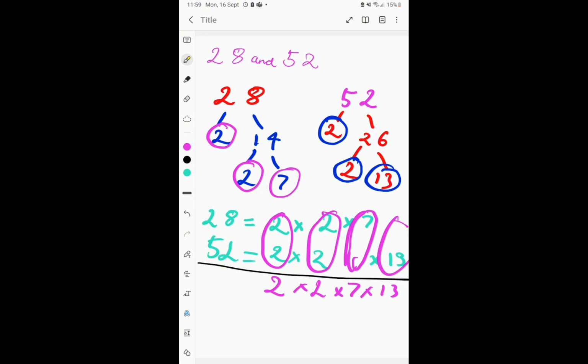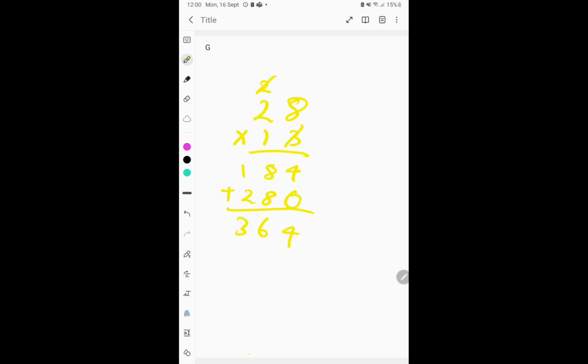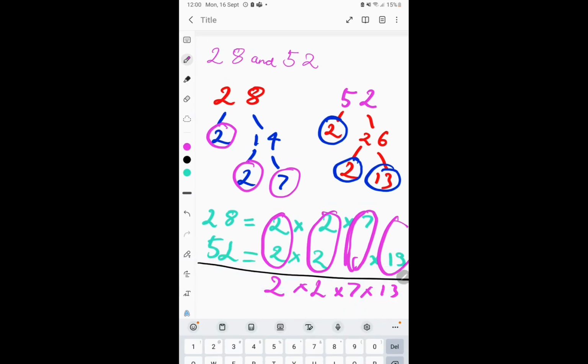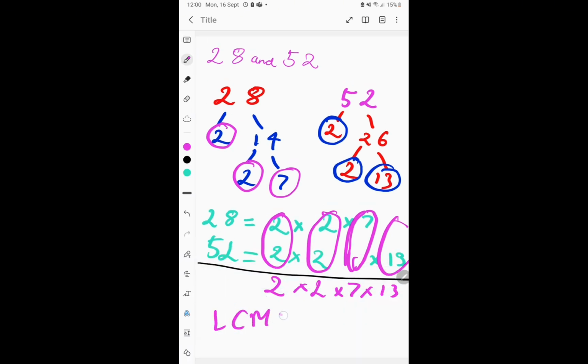Now we have 1 times 8, which is 8, and then 1 times 2 is 2. Let's add. 4 plus 0 is 4. 8 plus 8 is 16. And then 1 plus 2 is 3. So we get 364. So the least common multiple of 28 and 52 is 364.